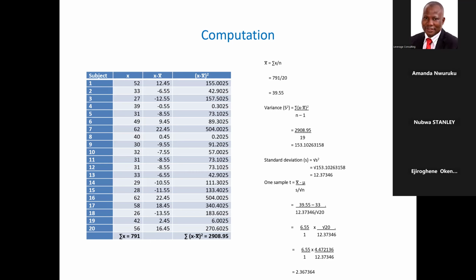But the variance you have calculated will be 153 years squared. You squared it, so it's not the same unit as the mean. So you cannot quote the average, 39.55 years, and then give the measure of variability, the variance, as 153 years squared. It carries the squared unit because you already squared.